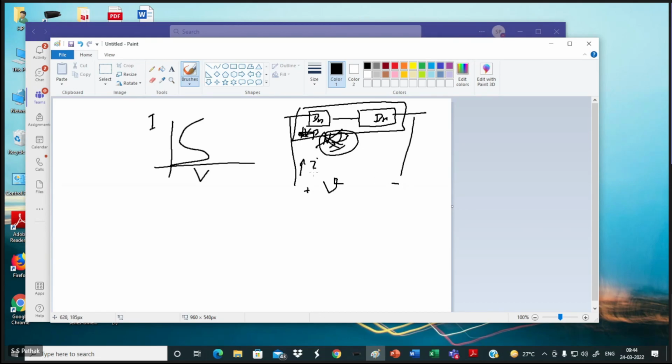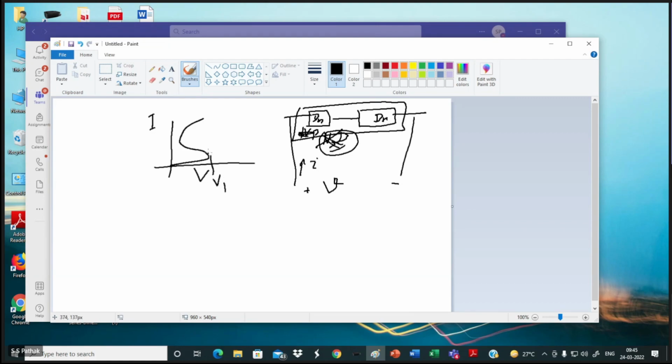So we put the two devices in series. What will be the characteristic of that? This way I have plotted, it is going like this. What is going to happen? Here, none of them will come to the breakover condition unless this is your V1.